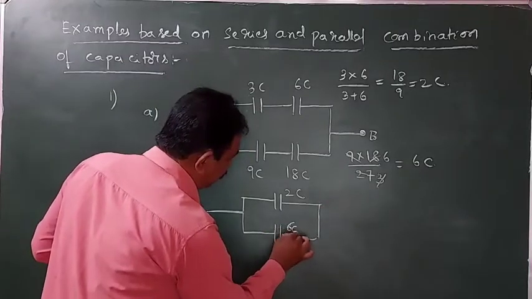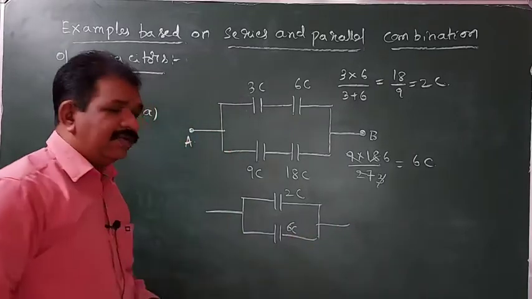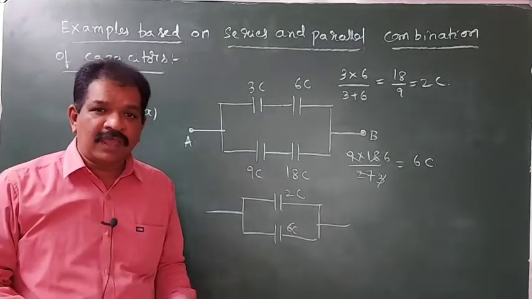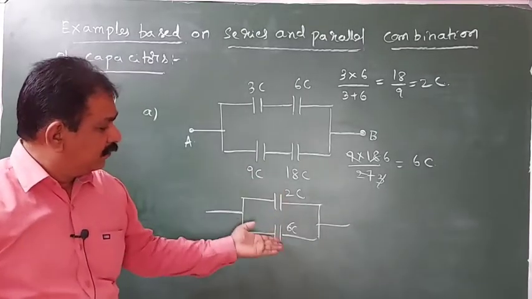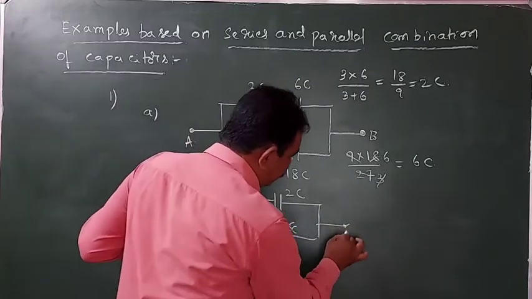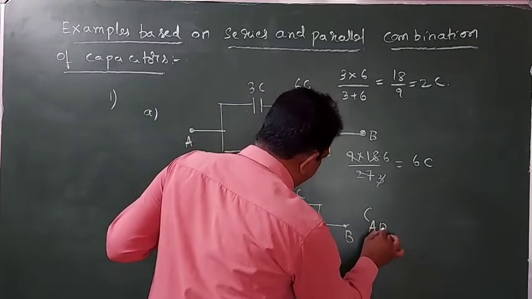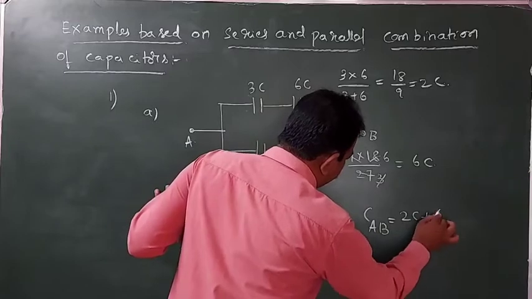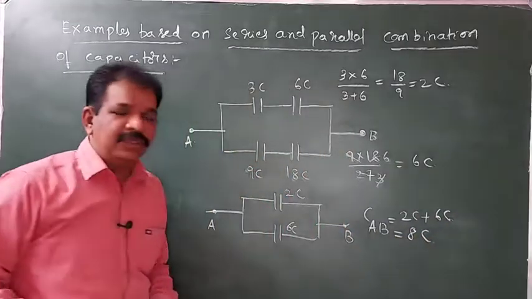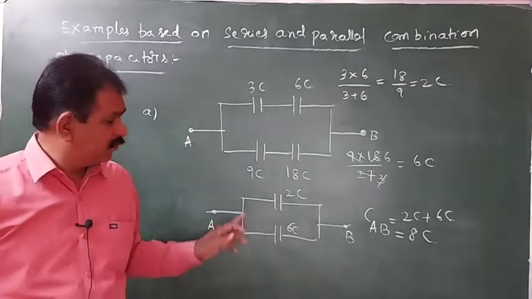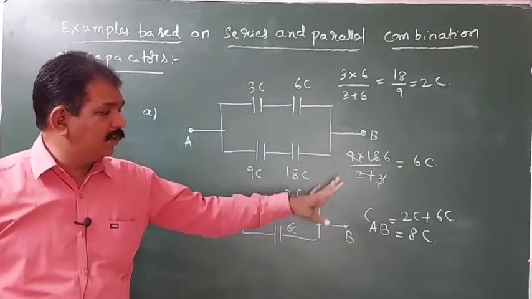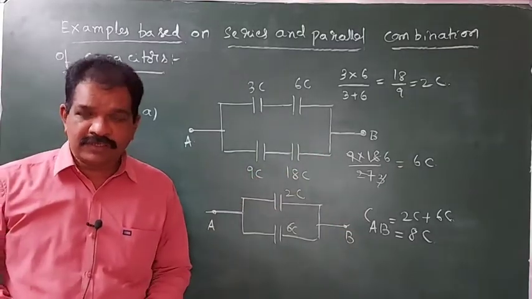Here we write a capacitor having capacity 6C. These two will be in parallel. Understanding? Then CAB is equal to 2C plus 6C. So the answer will be 8C. Okay? The effective capacitance for this combination will be equal to 8C.